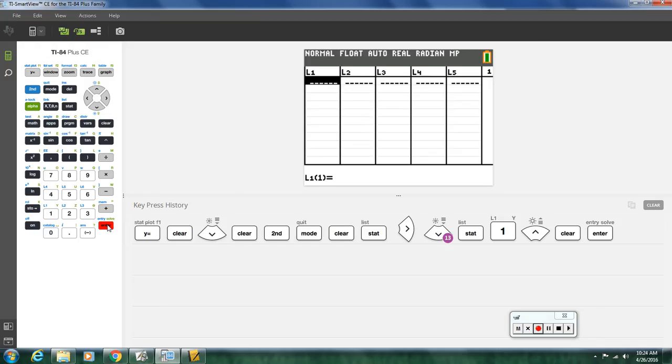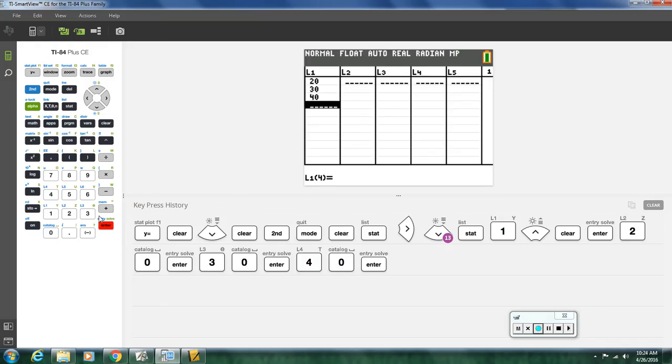Alright, so let's put them in: 20, 30, 40, 50. Just looking at those, what do you think this is going to be? Linear, quadratic, or exponential? Take a guess. The x's are going up by 10. Do the y's look like they're increasing or decreasing a whole lot, really fast? Not really.